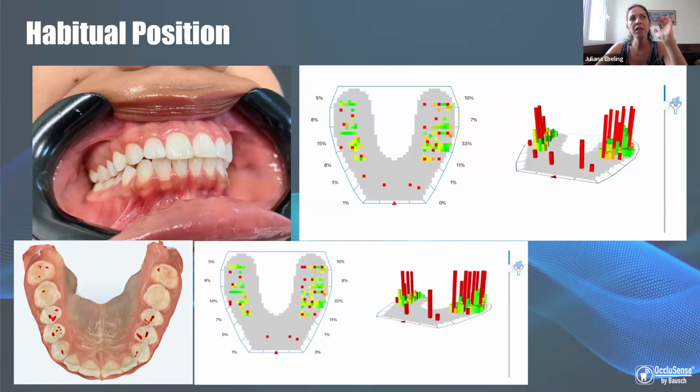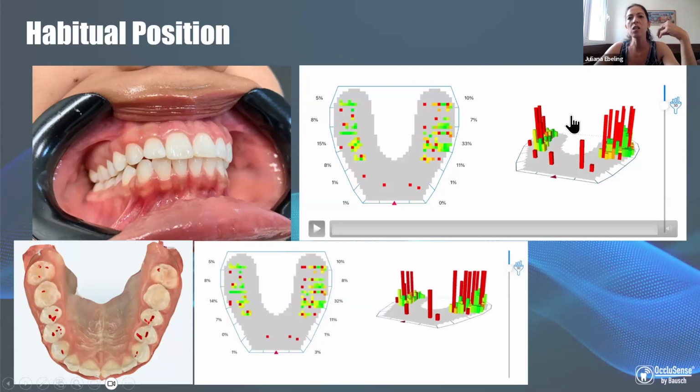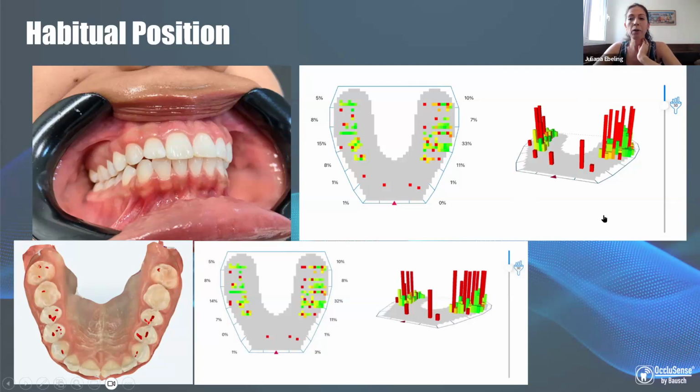And if I have a patient with hyperactivity or with some disturbance, some imbalance in these muscles, I will see a reflection of these muscles on the contacts. This is really, really important because some colleagues tell me, I never get the same occlusion distribution with that patient.